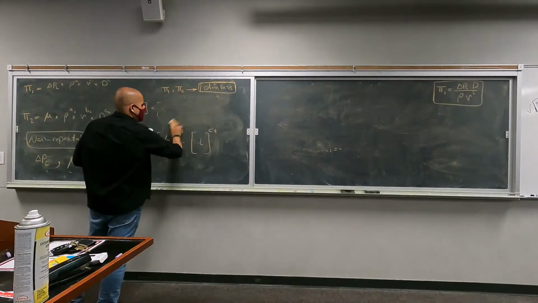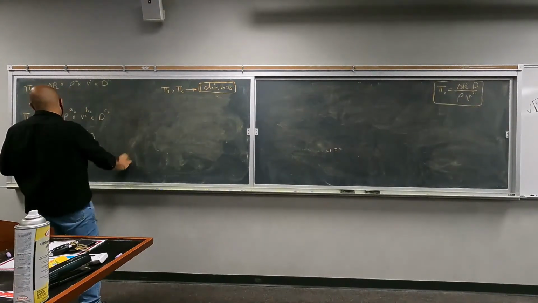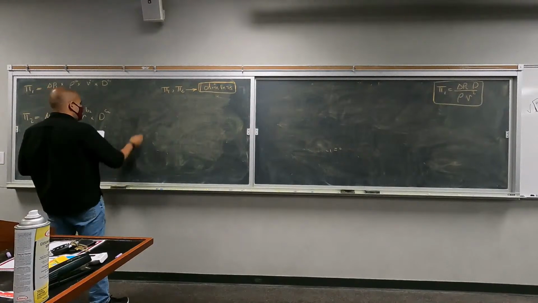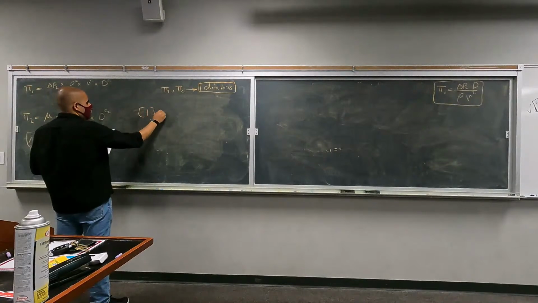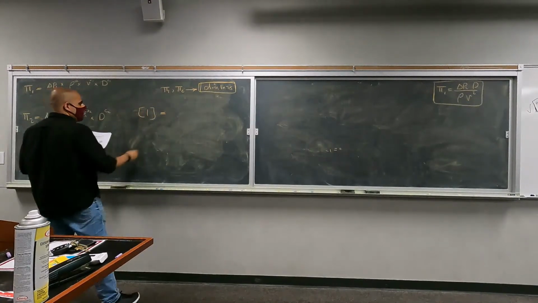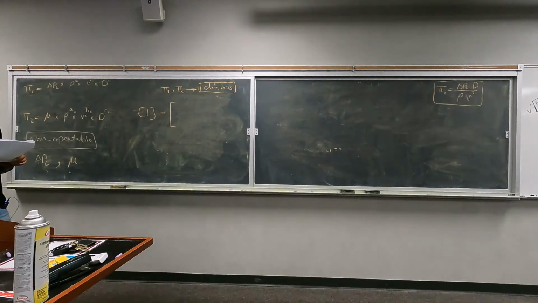Your pi 2 is going to be equal to viscosity multiplied by your density multiplied by the velocity and the diameter to the power B2. So your dimension 1 is going to be equal to dimensions of viscosity, which I keep forgetting for whatever reason.